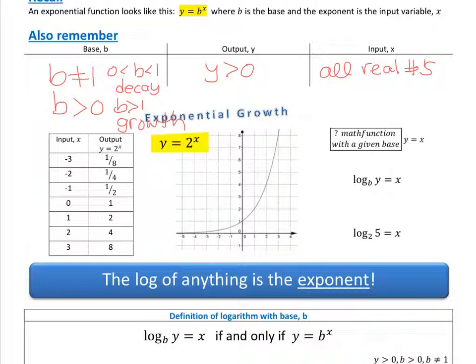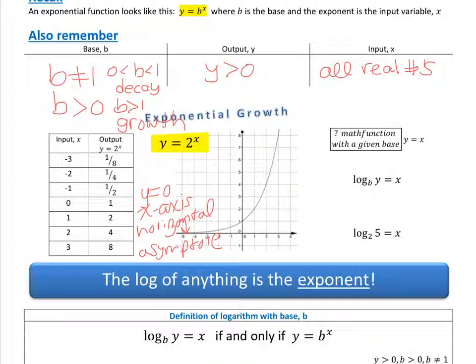And here you can see that the curve is approaching 0, which means that we could say y equals 0, or the x-axis, is our horizontal asymptote. And what else can we say? As the exponent grows larger, so does our growth curve.